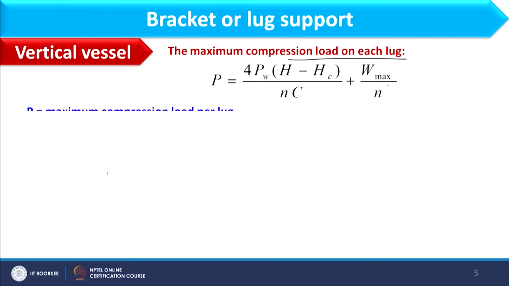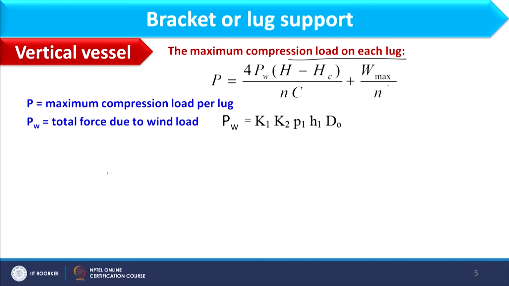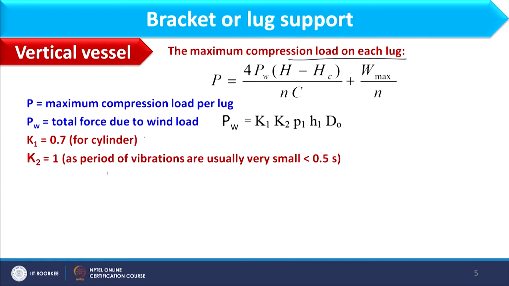So, let us see these parameters. P is the maximum compression load per lug. Pw is the total force due to wind load, which is given by K1, K2, P1, H1 and D naught, where K1 is 0.7 for a cylinder. Usually pressure vessels are of cylindrical shape, and K2 we have to take as 1, as the period of vibration is usually very small, that is less than 0.5 seconds.